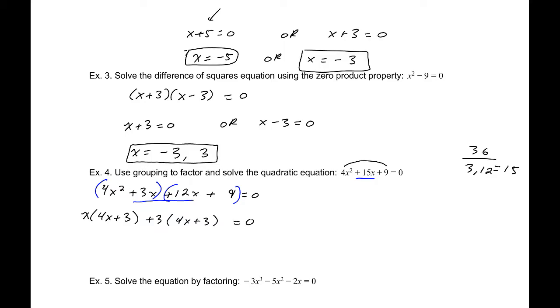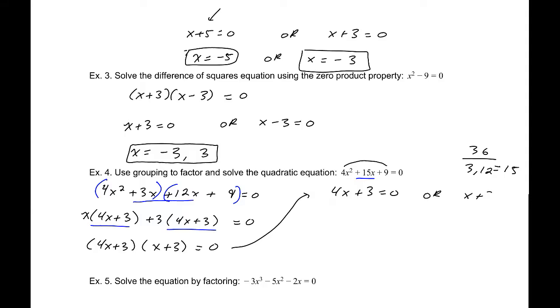Now we have a common factor of 4x plus 3, so that will be taking that out. 4x plus 3 quantity times x plus 3 quantity. All right, so that means 4x plus 3 equals 0, or x plus 3 equals 0, meaning x is negative 3/4, or x equals negative 3.